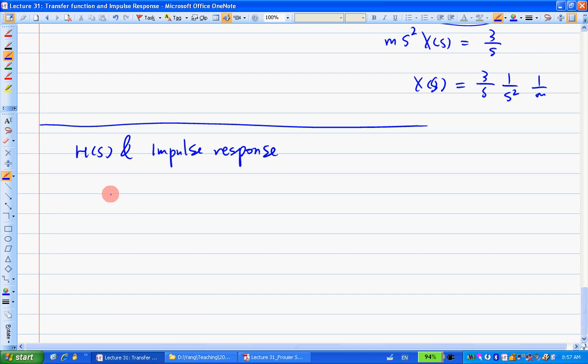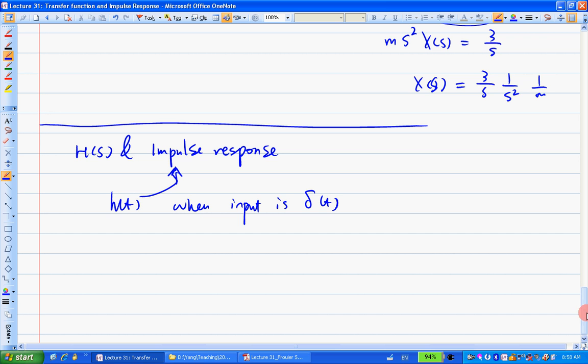The impulse response is h(t), and this is when the input is delta(t). It's just as simple as that.